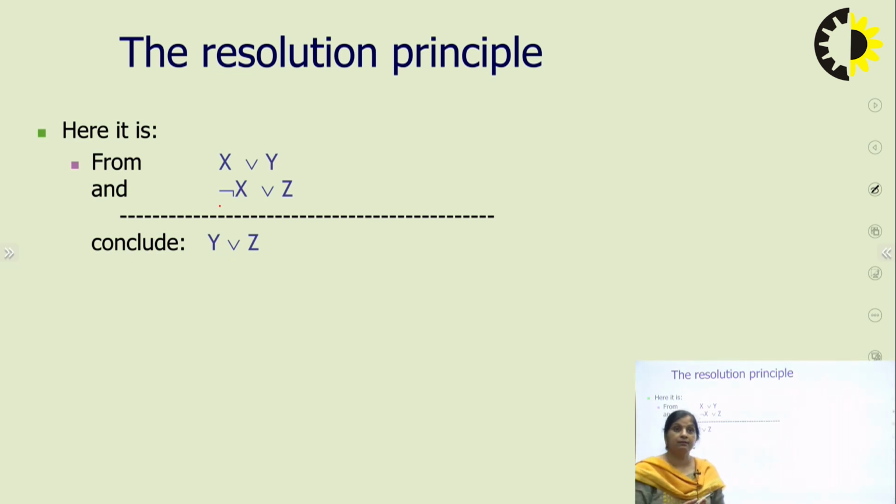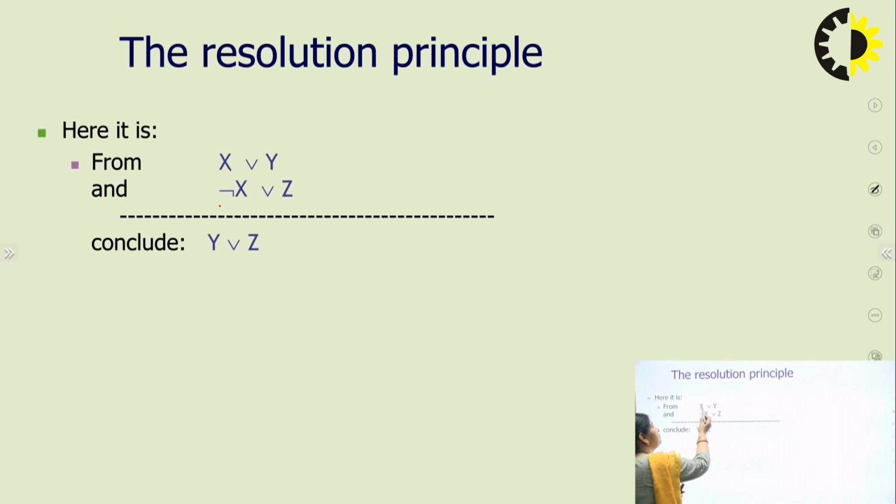Then let us revise the resolution principle as we have discussed last time. What is the resolution principle? If we are having two propositions, one is having x or y, another is not of x or z. One proposition is having x in non-negated form and the other proposition is having not of x, it means the negated form of x. If we are having these two types of propositions, then we can apply resolution.